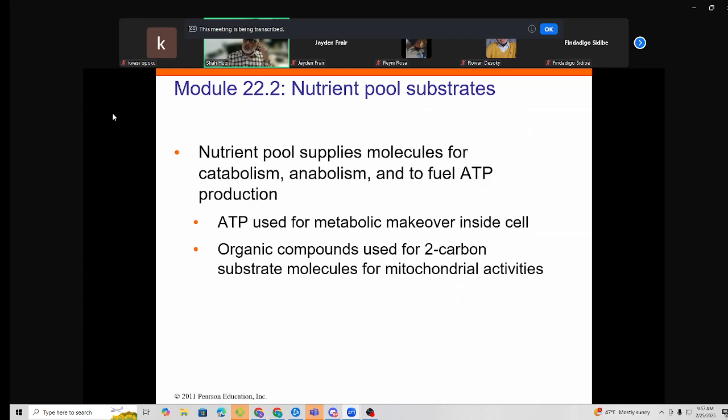Now going back to the information we had talked about, that the cell has the nutrient pool, where we have all the products of the digestive system, digestion, and also the products of the catabolic reactions of the cell.